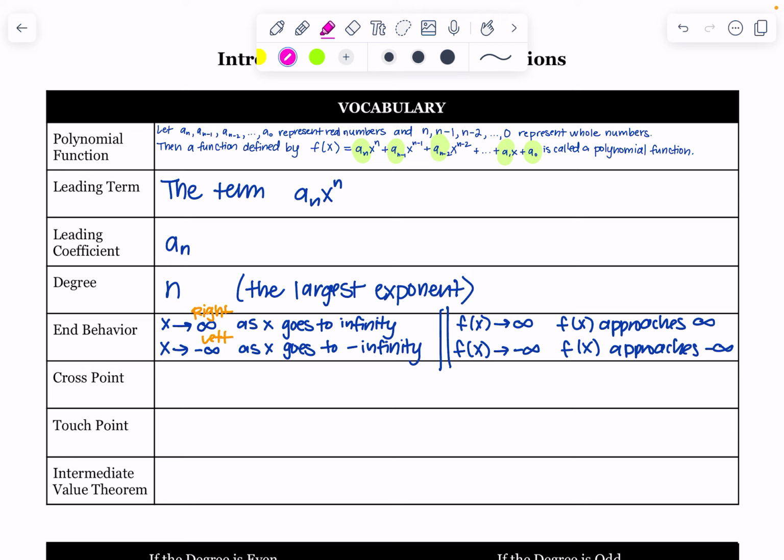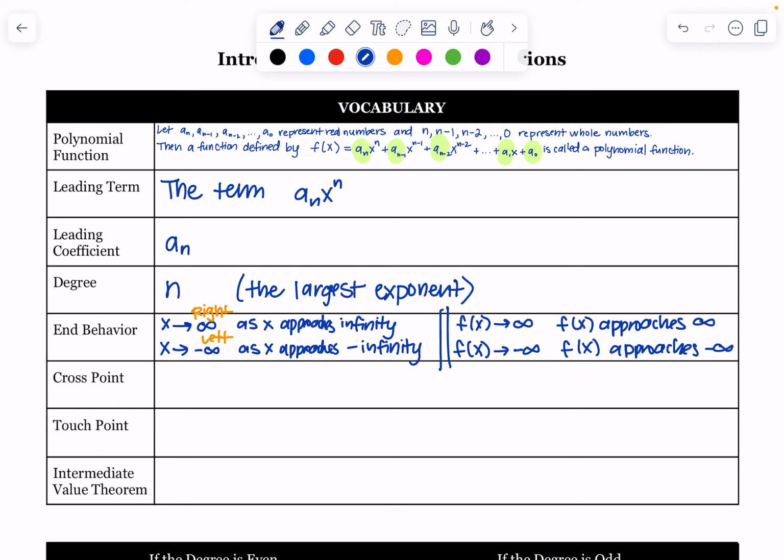And I guess here we probably should have said approaches instead of goes to. I'll change that real fast. Okay, sorry, writing really tiny.